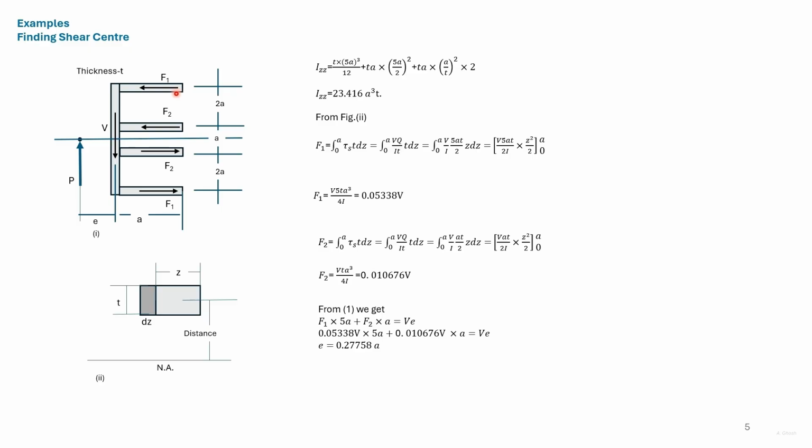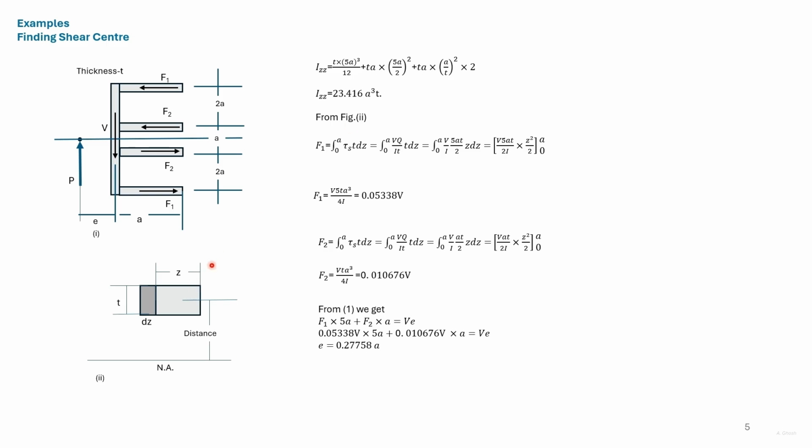We consider a small portion at the edge of this horizontal leg. Let the length of the small portion be z. Then if tau s is the shear stress acting on this element shown in dark, then the force acting on the element will be tau s t into dz.